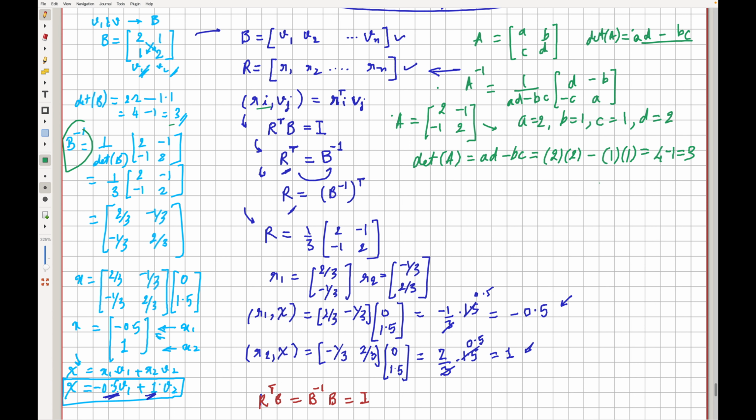And then here we see that the determinant is not equal to 0, and so the matrix is invertible. So the determinant of A is not equal to 0, which is good, and so we can invert it.